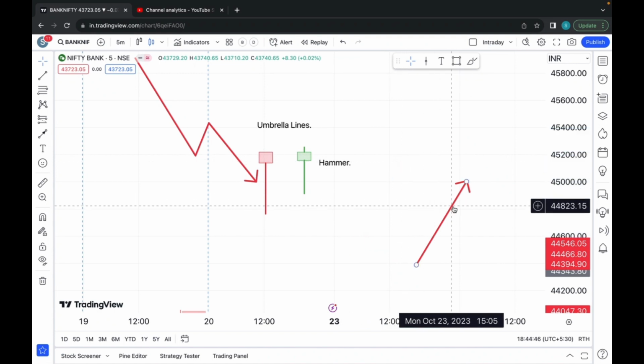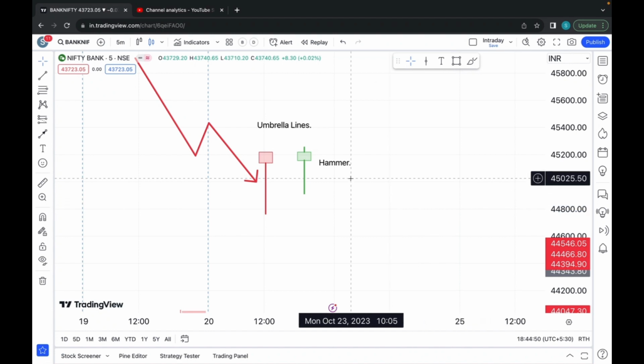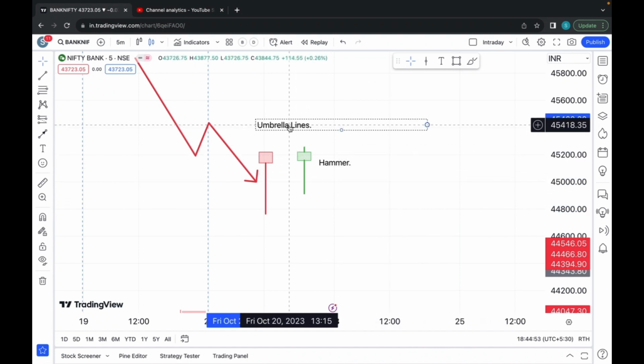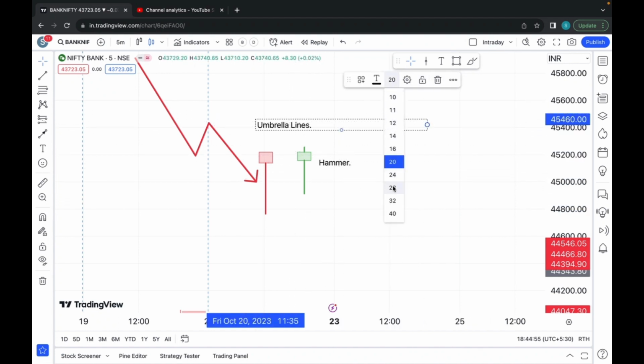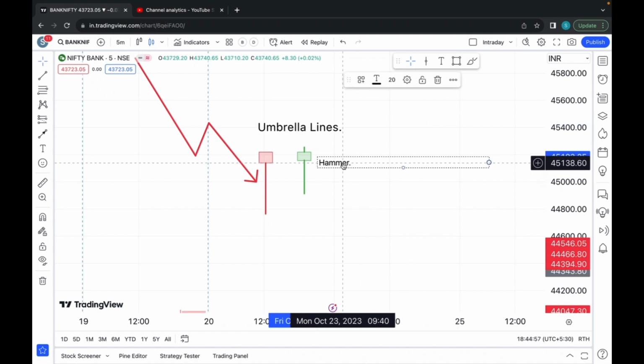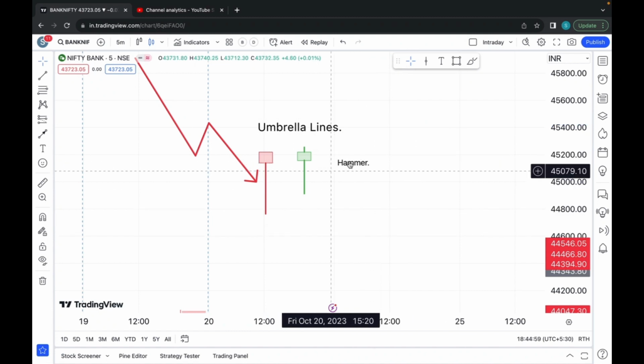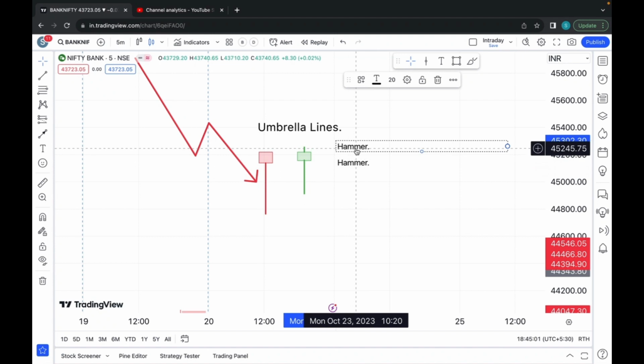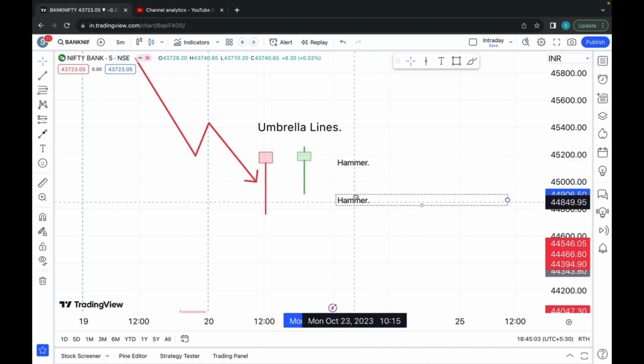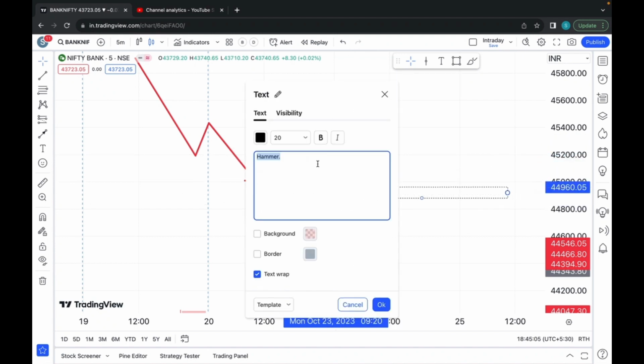So now let's talk about the rules of the hammer. Let's see what our rules are in order to classify any candle as a hammer formation.